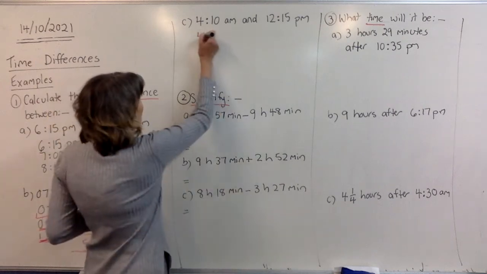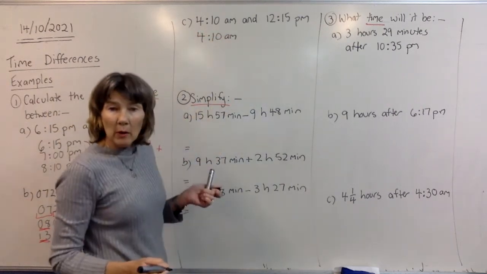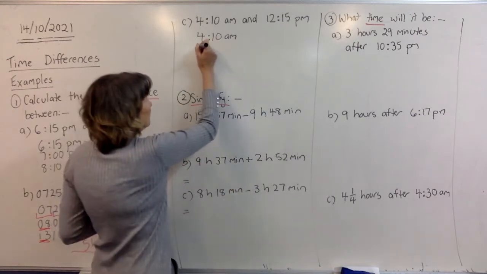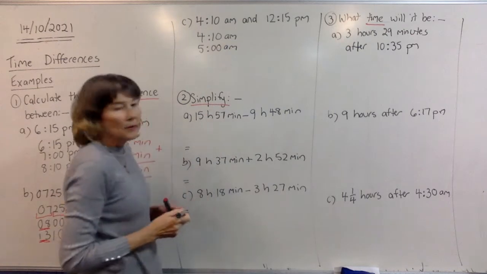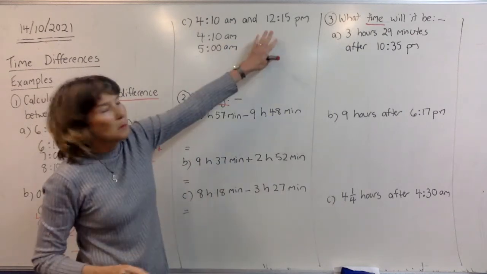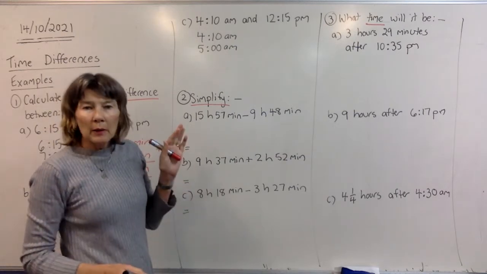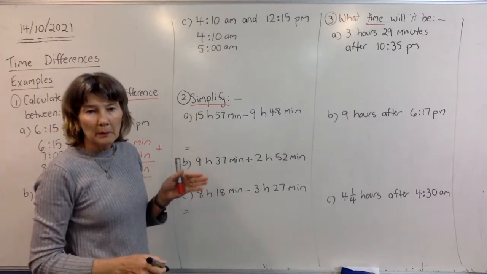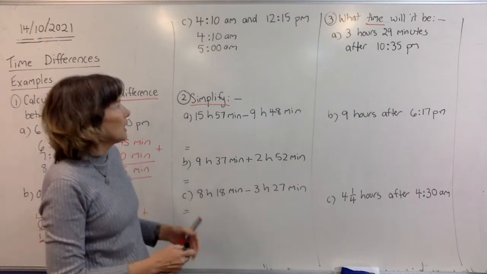So we're starting with our start time. Take it to your next hour, which would be 5 a.m. And then this might be confusing some of you, so I think it should be all right. When we hit 12 p.m., that's at midday or noon, right? That's in the middle of the day.